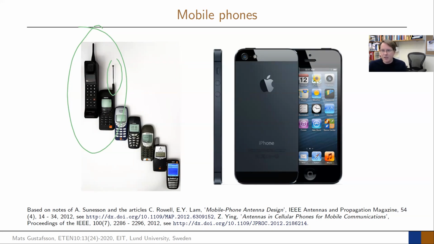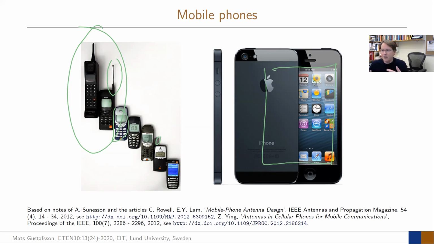Around 20 years ago, we could see that these antennas disappeared, even if there is one coming up over there. It really went to embedded antennas inside of the structure. And then the huge thing that happened around 10 years ago is that all of these basically became a screen.